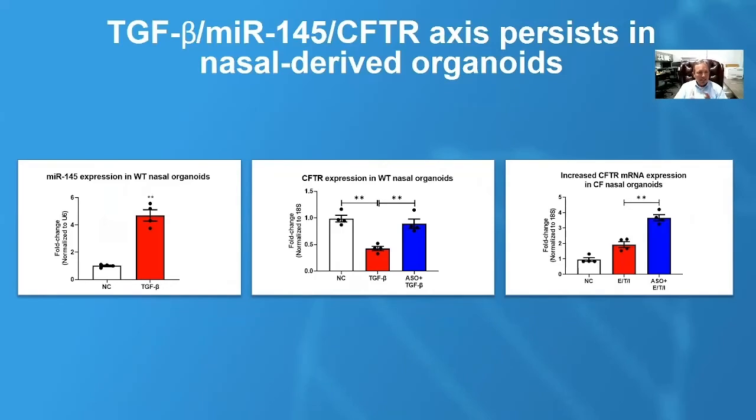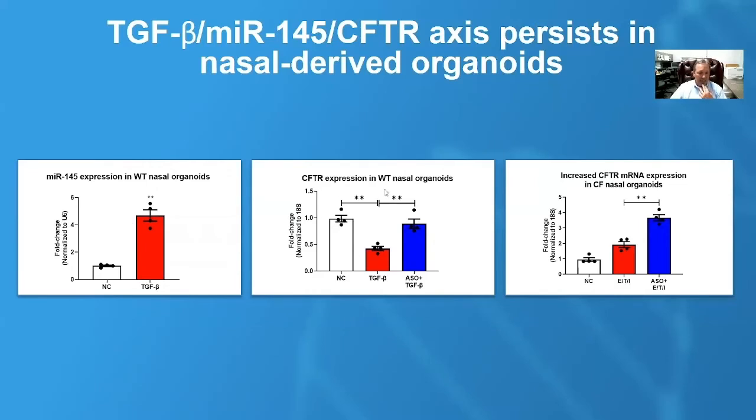So that's primary airway epithelial cells and FRT cells. Now the next question is, are organoids a model system that we could use to test oligotherapeutic intervention? So is the TGF-beta miR-145 axis preserved in nasal-derived organoids? And the answer is yes. First, we see that TGF-beta stimulation increases miR-145 expression 4-fold in these organoids.